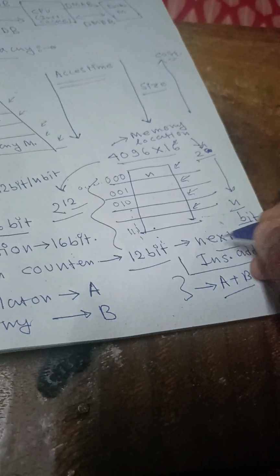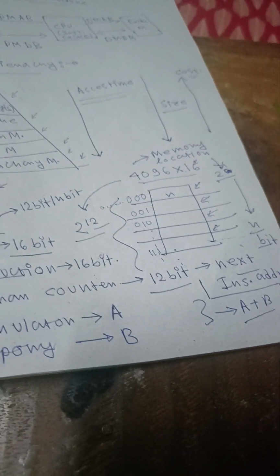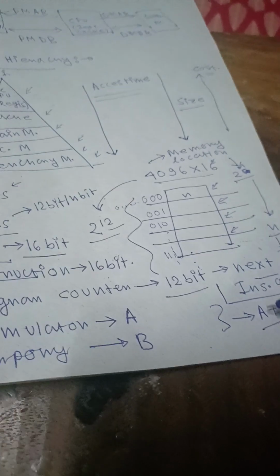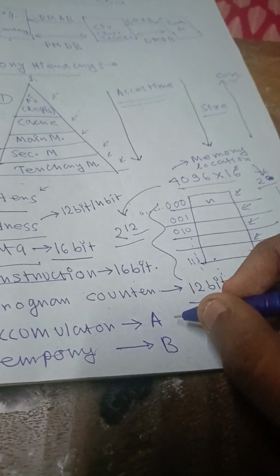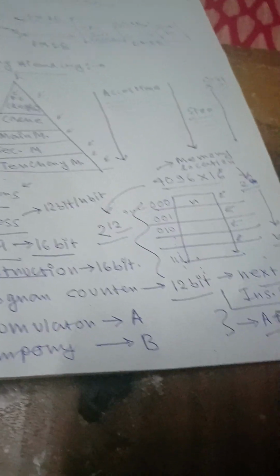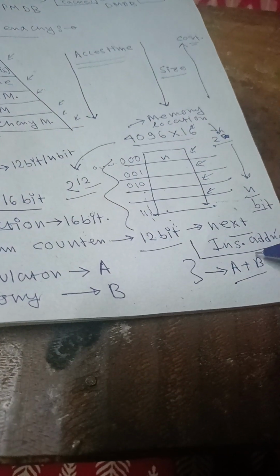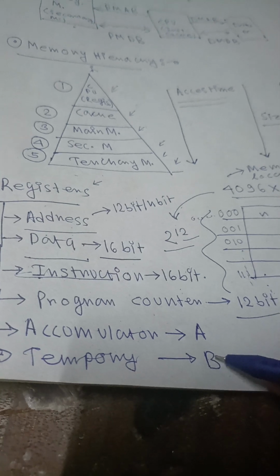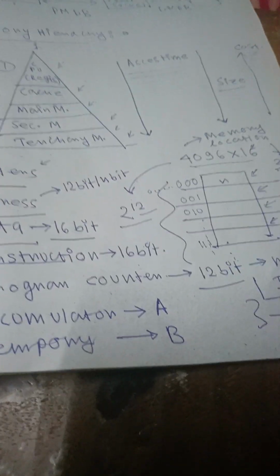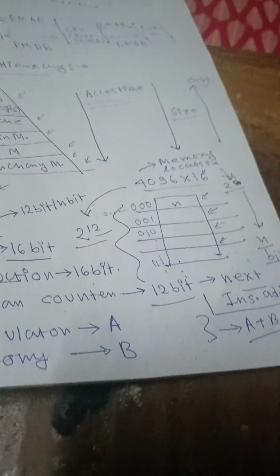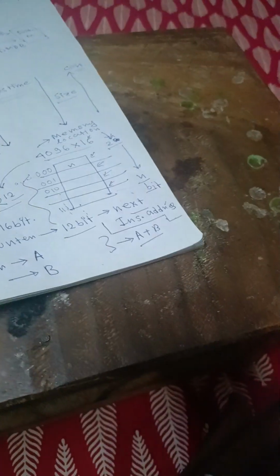So if we do any arithmetic thing in our computer, the initial, primary part goes to the accumulator, and the secondary part goes to the temporary register. So let me discuss it further.